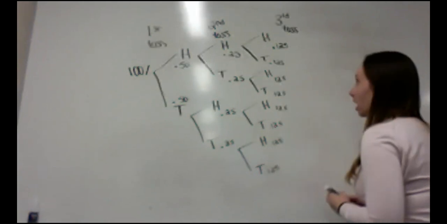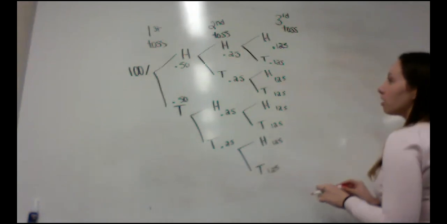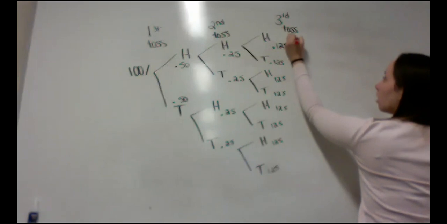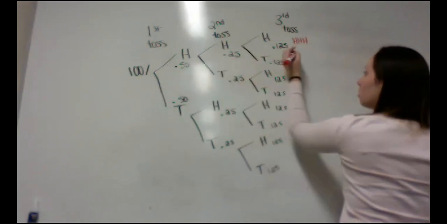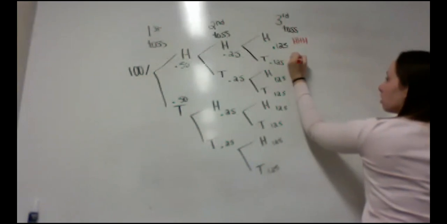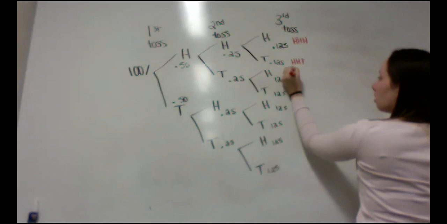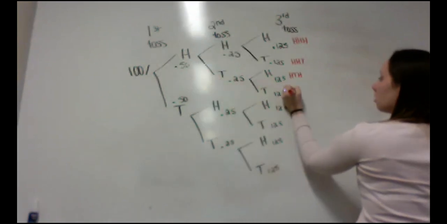So let me write these out, our outcomes. Our first outcome is heads, heads, heads when we flip 3 times. Next one is heads, heads, tails. Next one is heads, tails, heads. Next one is heads, tails, tails.